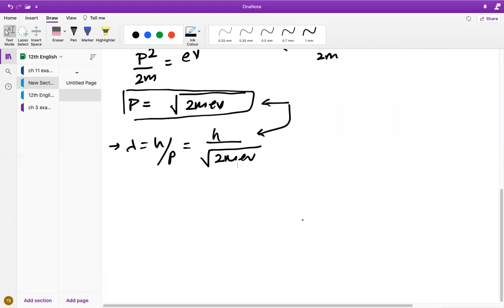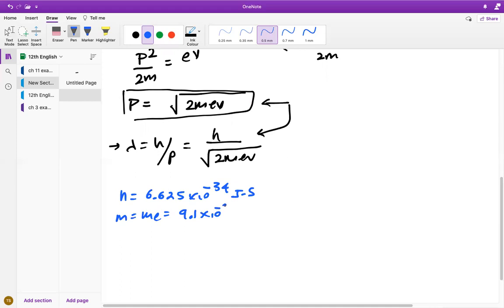Now I know the values of all the constants, so let me place them. h equals Planck's constant, 6.625 times 10 to the power minus 34 joule second. My mass of electron is 9.1 times 10 to the power minus 31 kilogram, and the charge of electron is 1.6 times 10 to the power minus 19 coulombs.